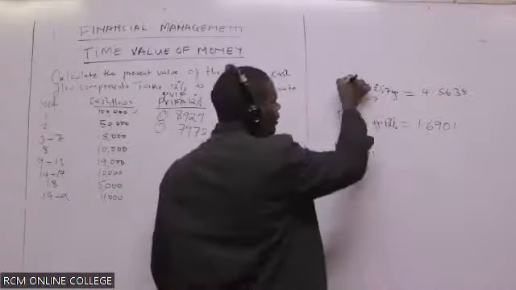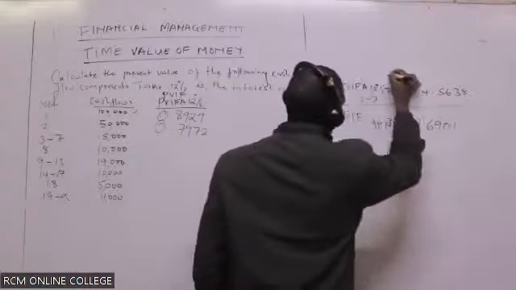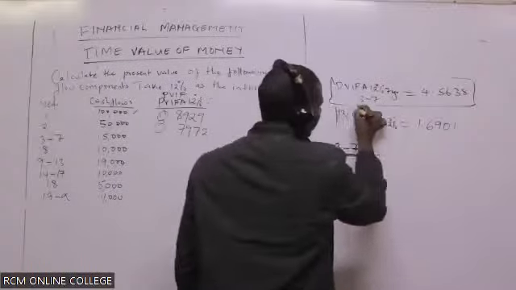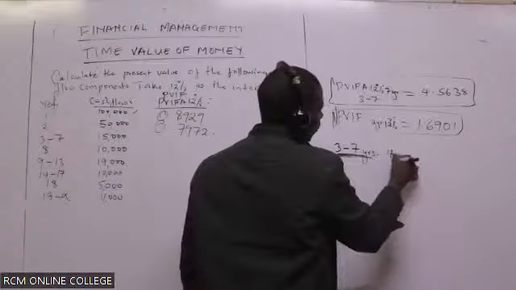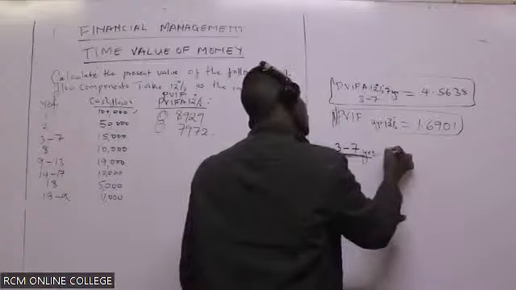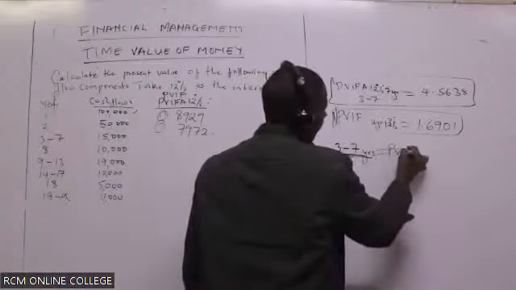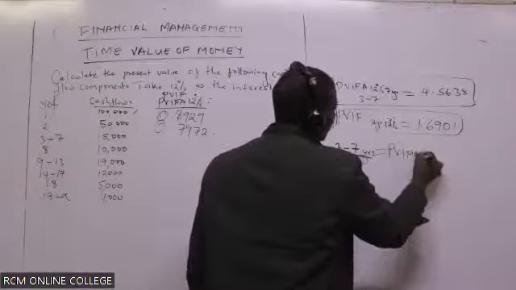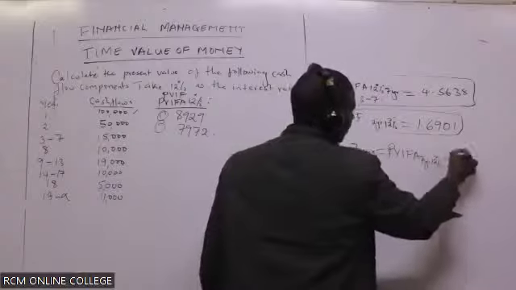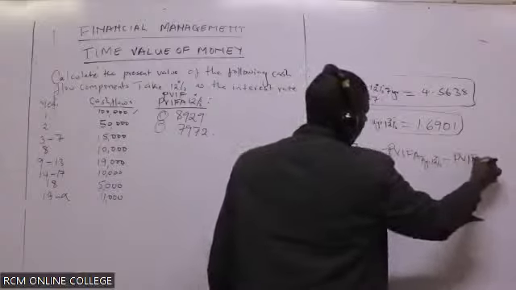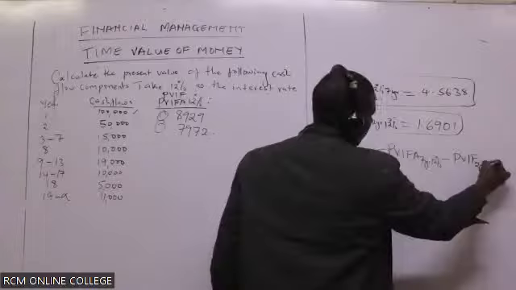We take this whole, the bigger one, and subtract the smaller one. The difference that remains will be this. So it will be 4 point something. So PVFA will be equal to PVFA for 7 years 12% minus PVFA for 2 years 12%.